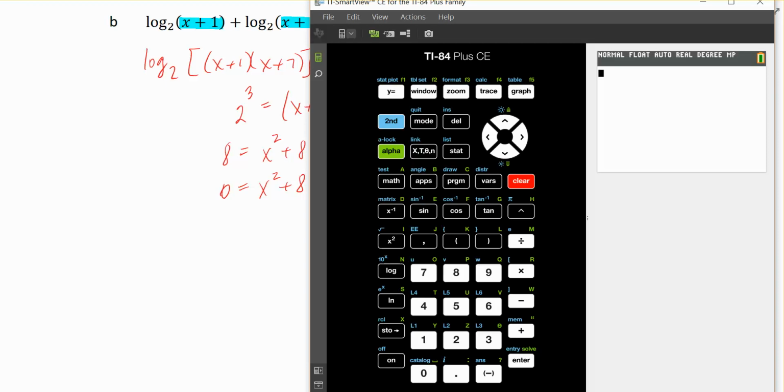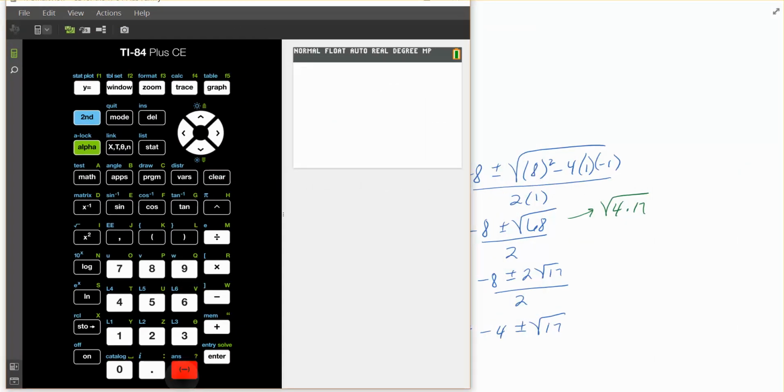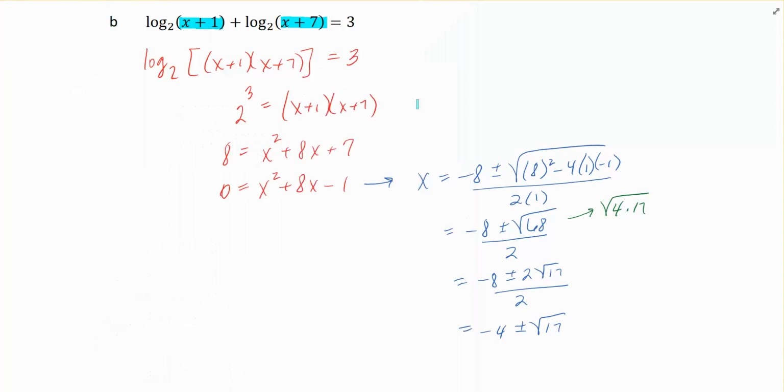So if I were to figure out negative 4 plus the square root of 17 and negative 4 minus the square root of 17, one time I get, we'll call it 0.1, and one time I get negative 8.